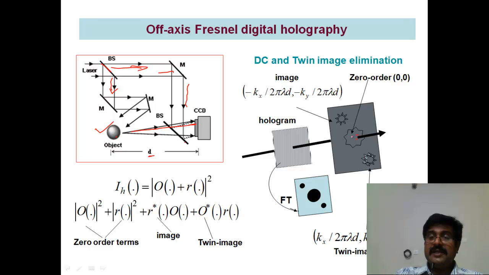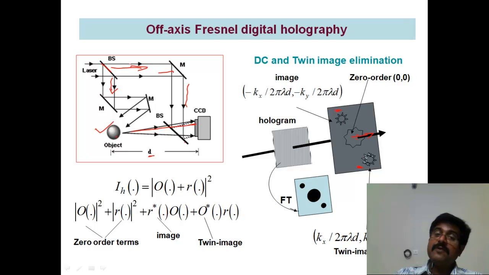Here it's the DC, undiffracted light, and here it's a defocused, real image. So we can achieve a separation. So noise terms are separated out by introducing an offset angle between object and reference wave. But it is not eliminated.